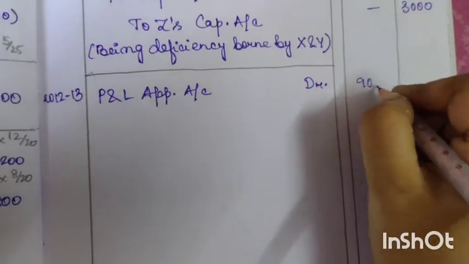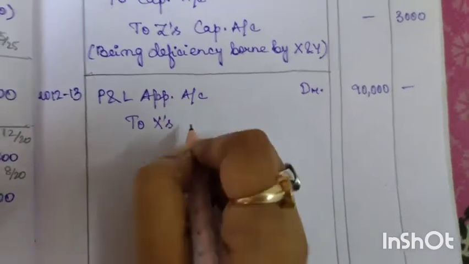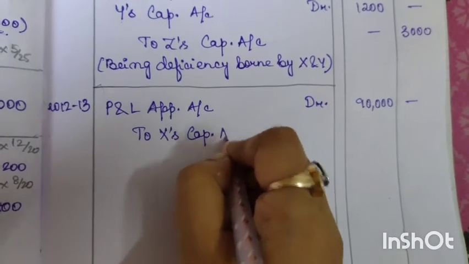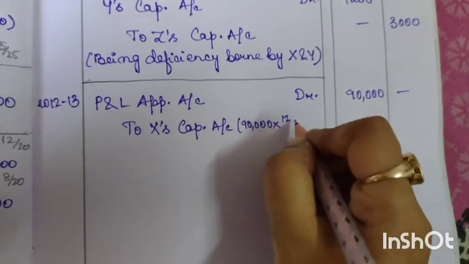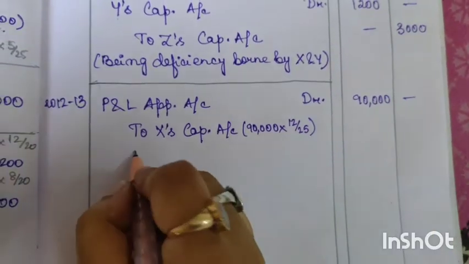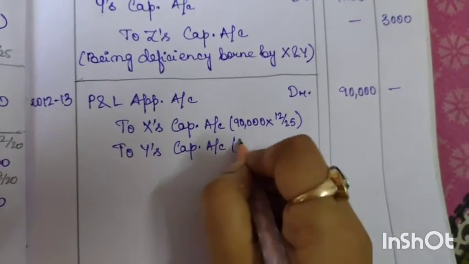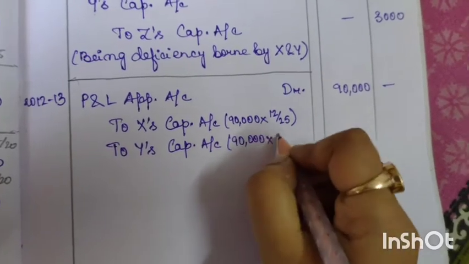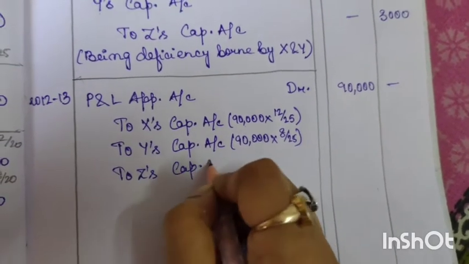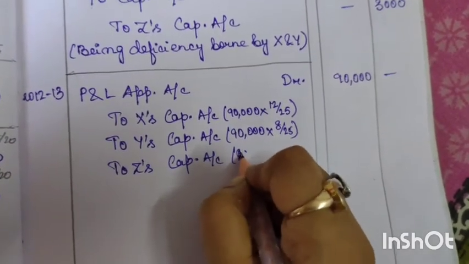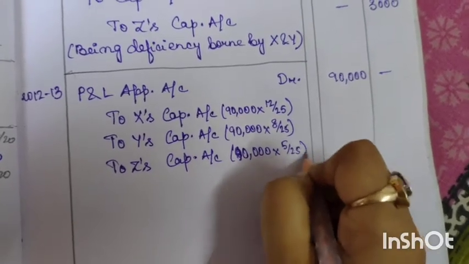So we will write here 90,000 to X capital account 90,000 into, according to their share of profit, it will be 12 by 25, to Y's capital account, it will be 90,000 into 8 by 25, and to Z's capital account, it will be 90,000 into 5 by 25.